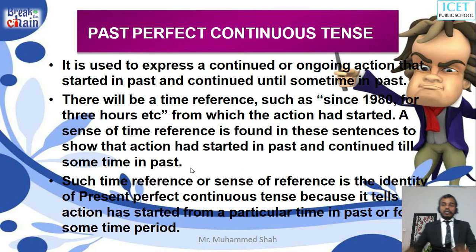That is the meaning of past perfect continuous: an action started a long time ago in the past, continued for some time in the past and finished also in the past. Such an action can be expressed in past perfect continuous tense. This is the usage.